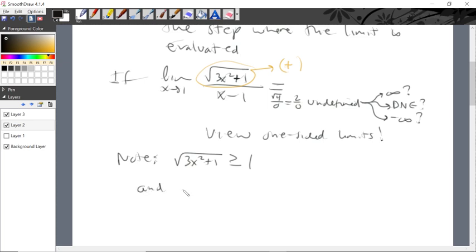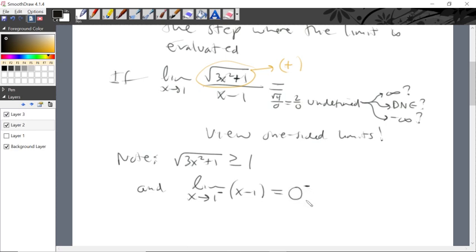Okay? So, let's take a look at the one-sided limits for the denominator. The limit as x goes to 1 from the left of x minus 1. This is saying that we are choosing values that are a little bit less than 1 for x. And then if we subtract 1 from that, we would get a value that is a little bit less than 0.